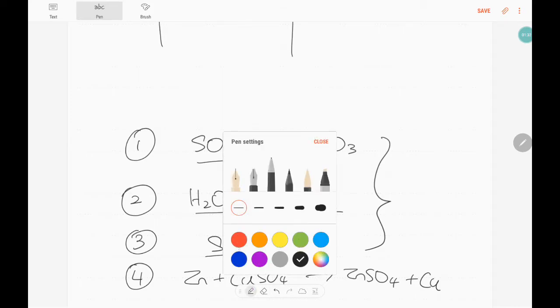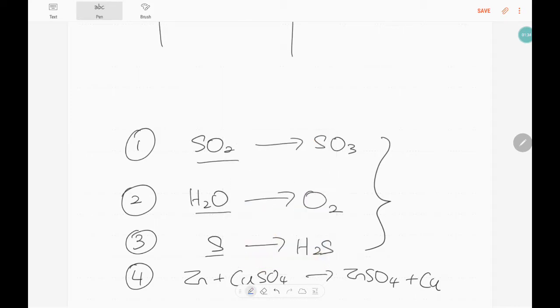Right, so I'll try the first question together. For the first question, it's obvious that SO2 has gained oxygen atom to become SO3. So I would say that SO2 has been oxidized into SO3 as it has, remember, we do not mention how many oxygen atoms.